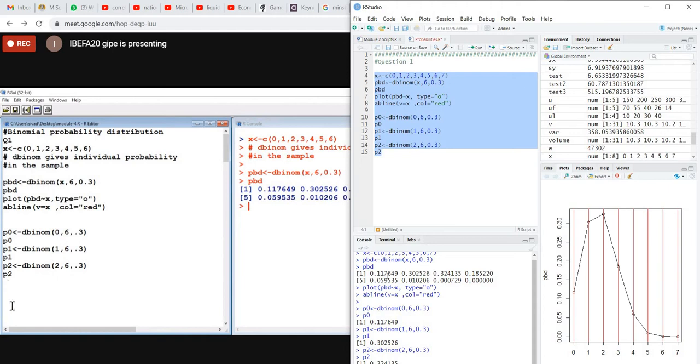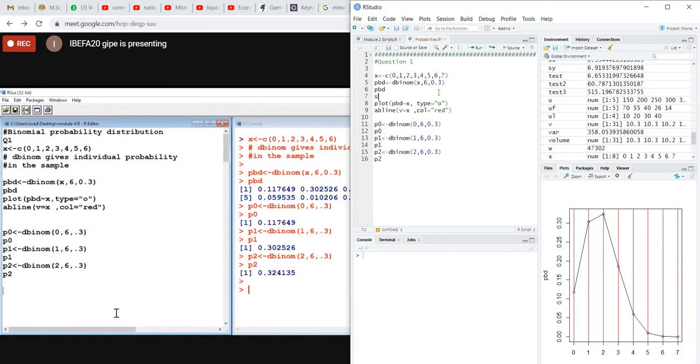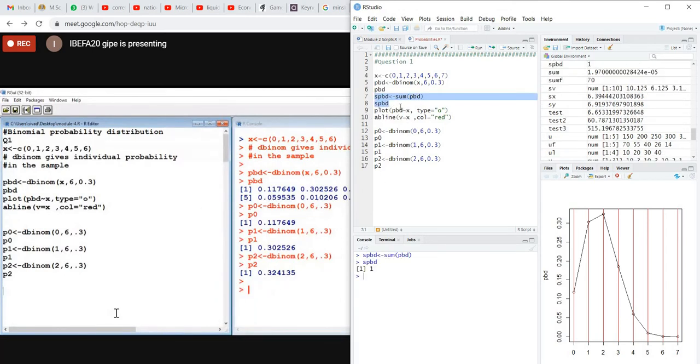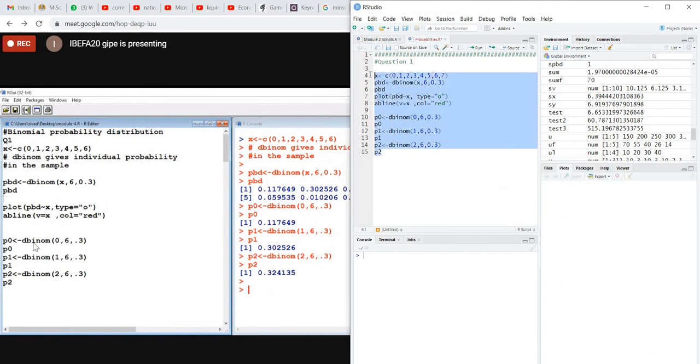And we want the probability for 0, 1, 2. That also I got by putting the values. These probabilities I can plot on a graph.